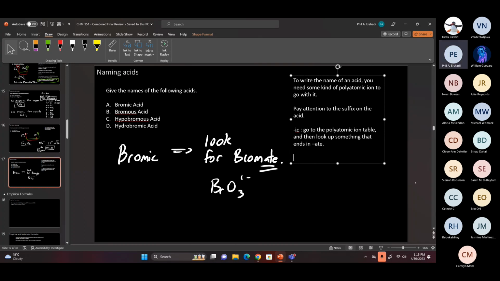And just to make sure that you know what to do with the others, if you see per before the name, it means you are going to look for an ion that also starts with per.